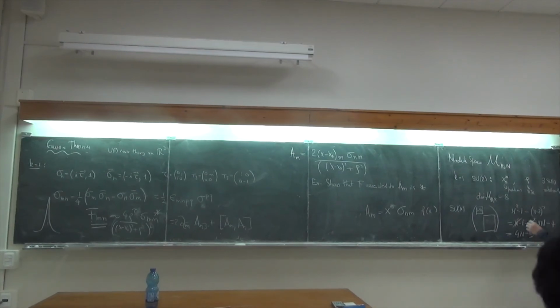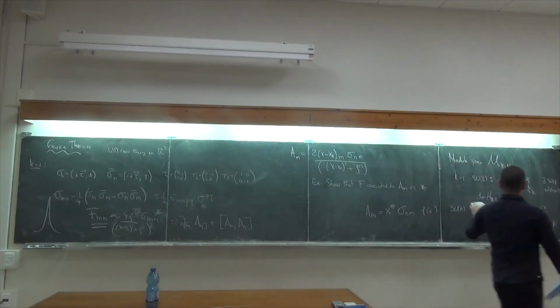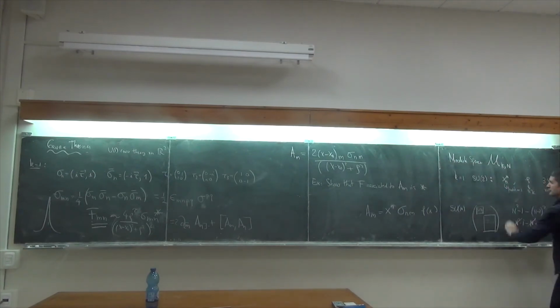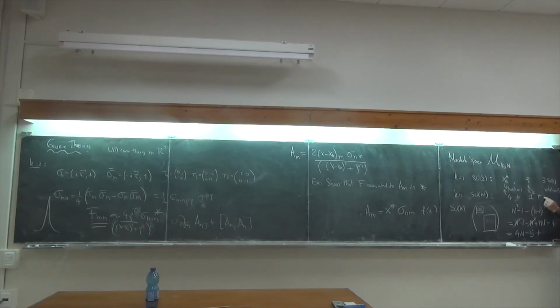Therefore, for k equal to 1, I have 4 positions plus 1 size plus 4n minus 5 rotations.